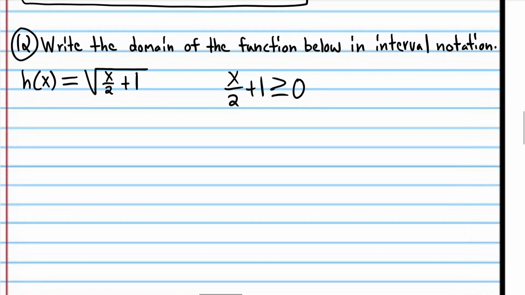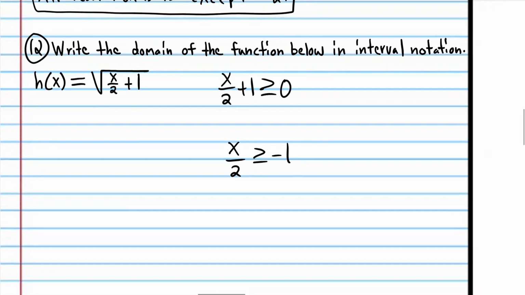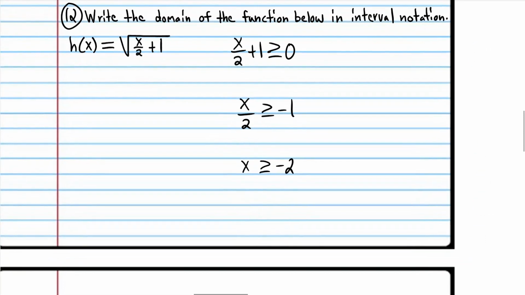So now if we solve this inequality, we can see what x must be. If we subtract 1 from both sides and multiply both sides by 2, we see that x must be greater than or equal to -2.